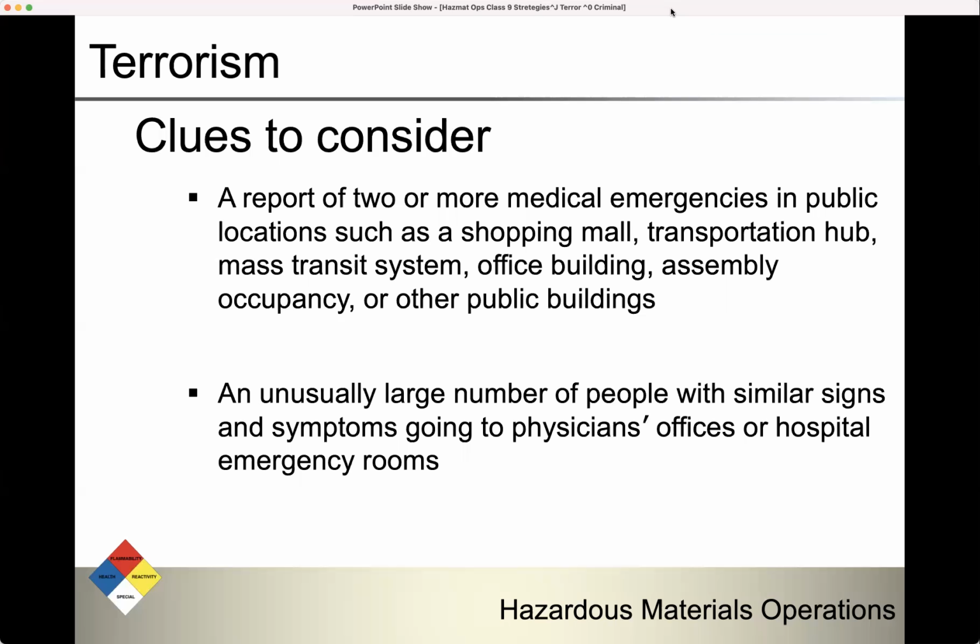A report of 2 or more medical emergencies in public locations, such as a shopping mall, transportation hub, mass transit system, office building, assembly occupancy, or other public building, or an unusually large number of people with similar signs and symptoms going to physicians' offices or hospital emergency rooms. That's how sometimes these get discovered. You have a large number of people going to the hospital, they were at the same place and with the same complaint.